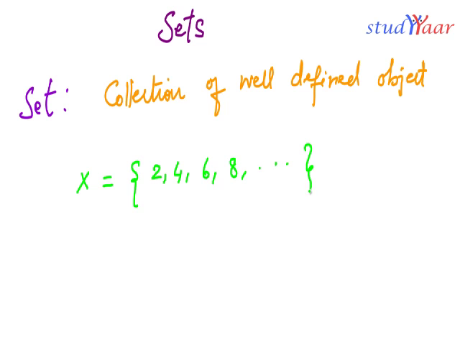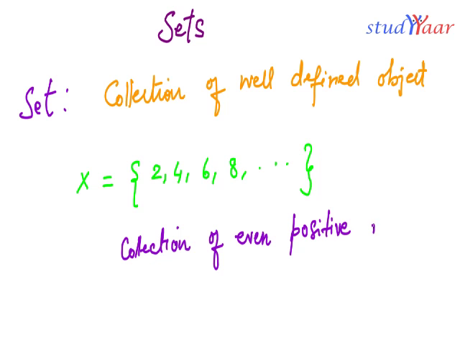I define it as a collection of even positive integers, okay? So when I say it is a collection of even positive integers, I am defining it well, okay?